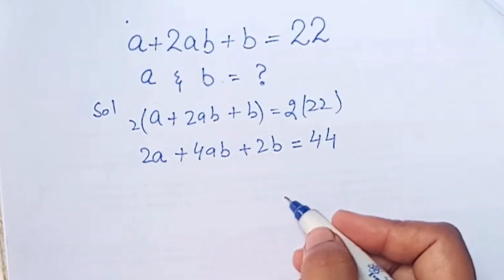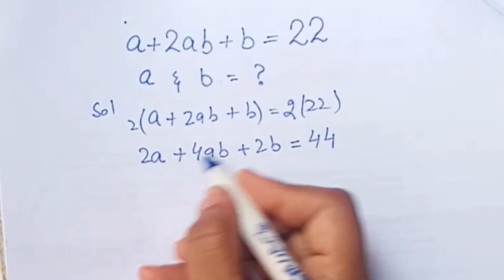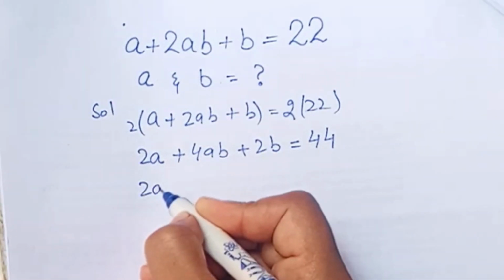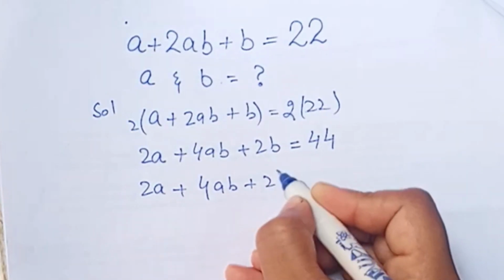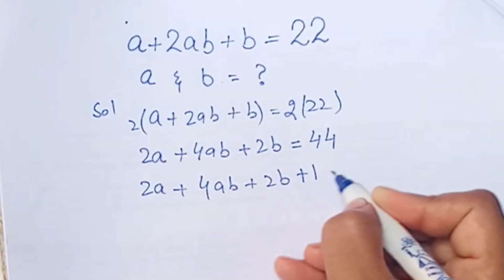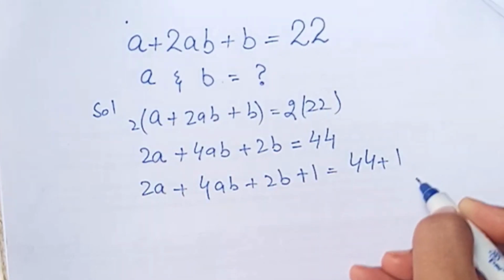Now in the next step, we add 1 on both sides of this equation. So this becomes 2a plus 4ab plus 2b plus 1 equals 44 plus 1.